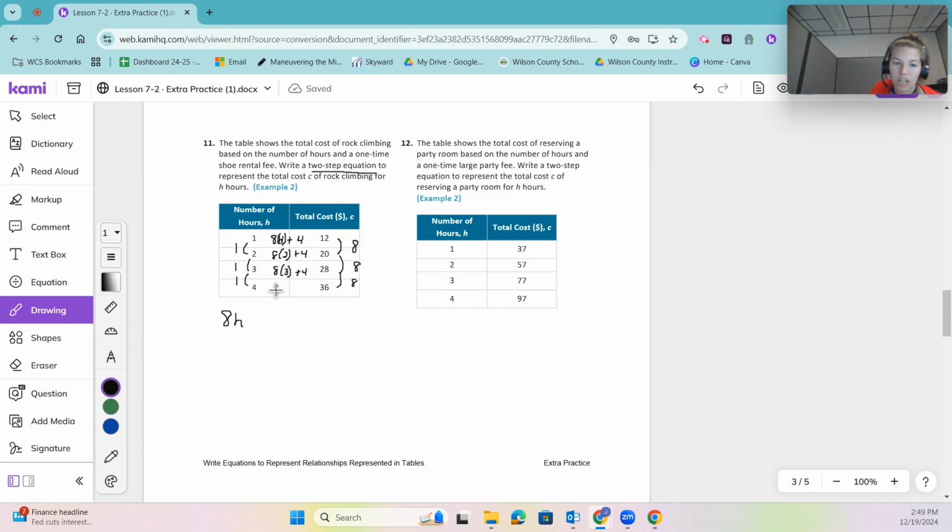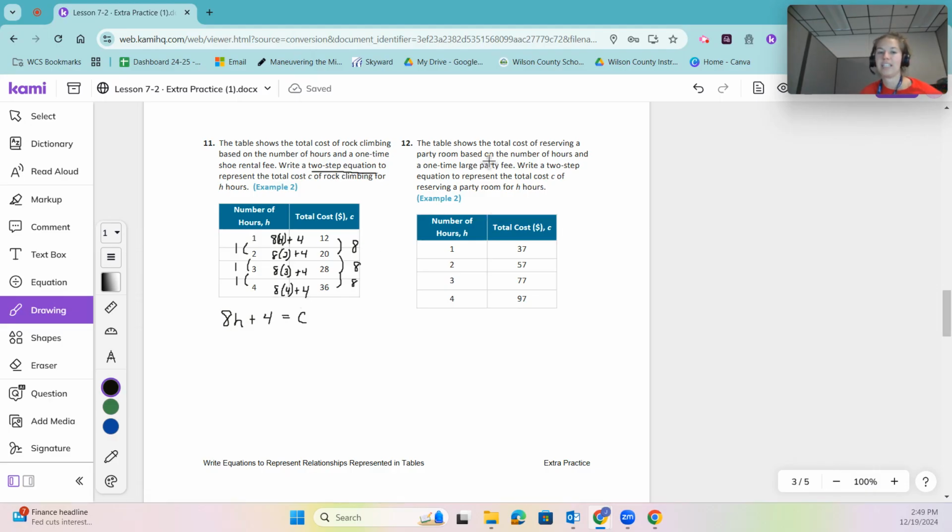So that works. My rule is going to be 8h plus 4. And then my equation is 8h plus 4 equals C.